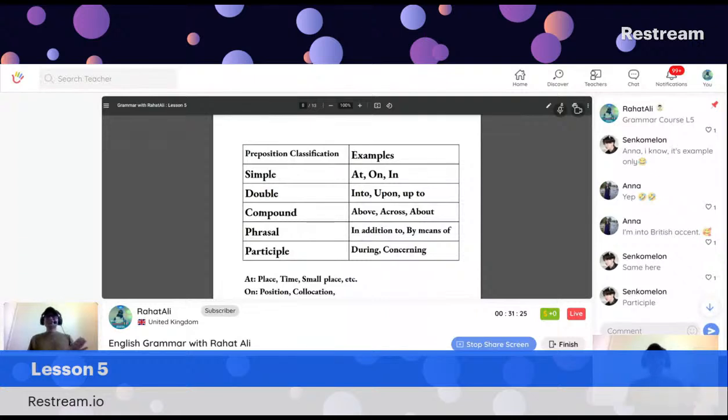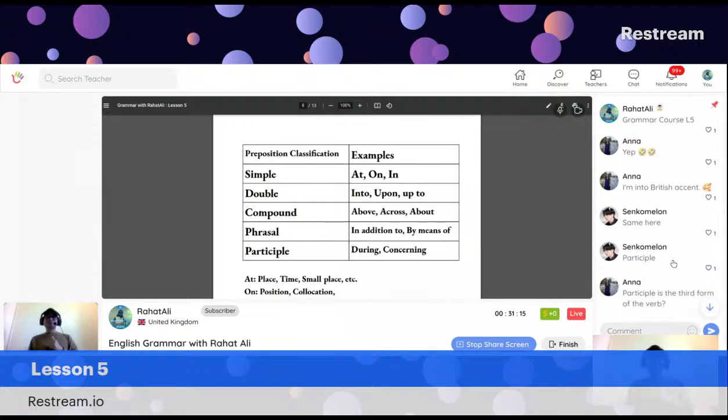When it doesn't work as a noun, we call it participle. Very often you'll find this word when you're explaining grammar lessons, especially tenses. Participle is the third form? No, Anna. Participle is always verb with "ing". Remember that. Verb plus "ing" is participle.